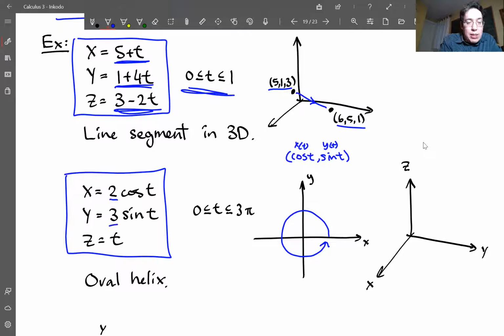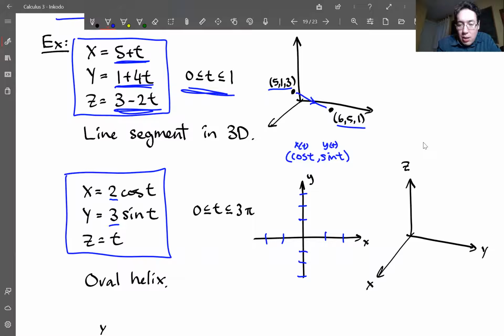But it's a little different here. One difference is that I have a 2 and a 3 in front of the cosine and sine. That stretches the picture a little. If you stretch it in the x direction by 2 units, it's no longer a unit circle. It goes 2 to the right and 2 to the left. Multiplying the y value by 3 changes the y values from -3 to +3.